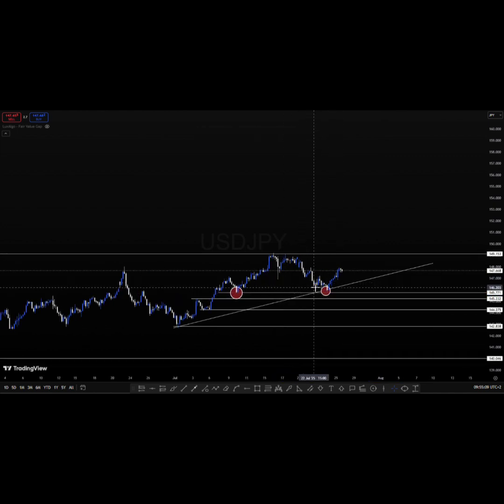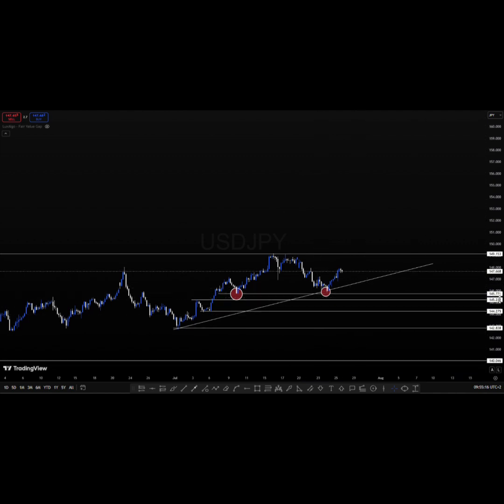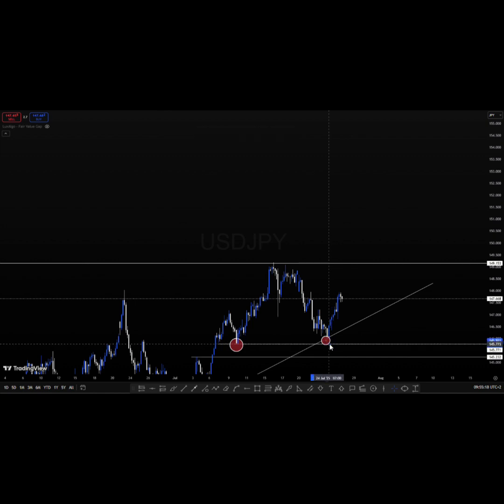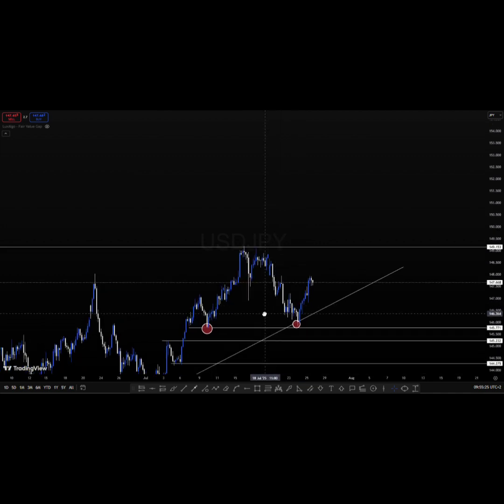Okay, this level here, we'll remove this one. You can quickly see that this was our level here.